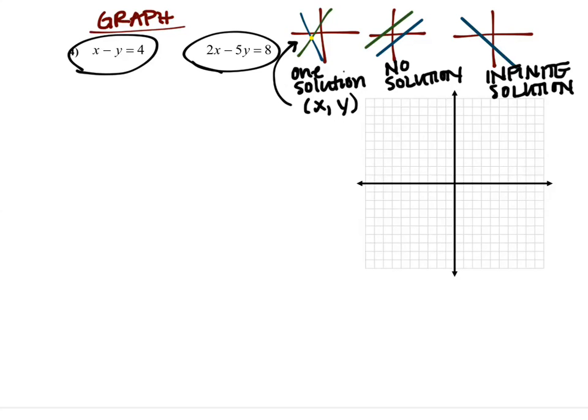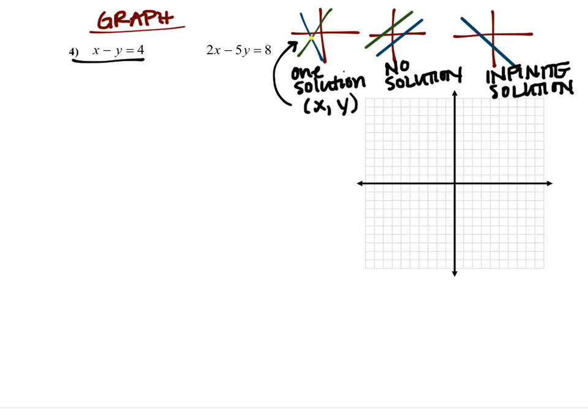We often want to use the easiest approach. I find that the x and y intercepts for the first problem are probably the easiest. In the second equation, I'm going to want to solve for y, because that doesn't look super easy for me.